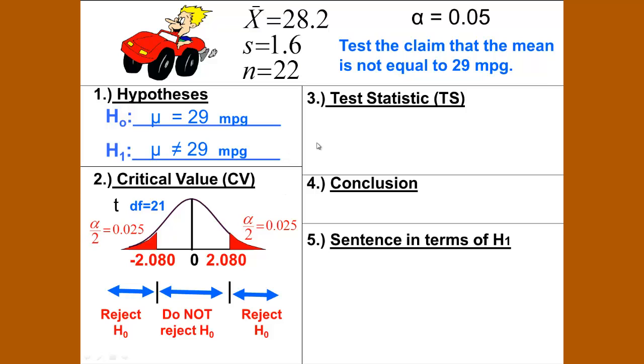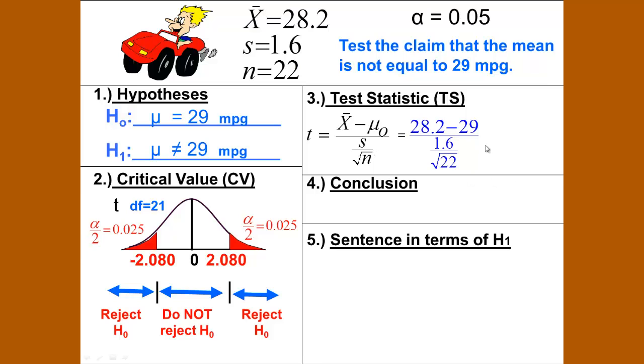It is now time to do the test statistic. The formula is the same, x bar minus the mean sub 0 divided by s divided by the square root of n. X bar is our sample mean, which is 28.2, minus the mean of our null, which is 29, divided by the standard deviation of 1.6, divided by the square root of 22.